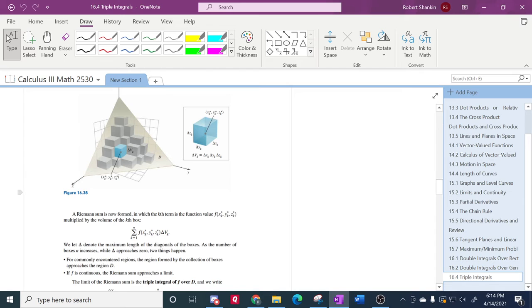And then we let this triangle delta represent the maximum length of the diagonals of the boxes. As the maximum length of a diagonal of a box goes to 0, you've got to have more and more boxes. The number of boxes will go to infinity.